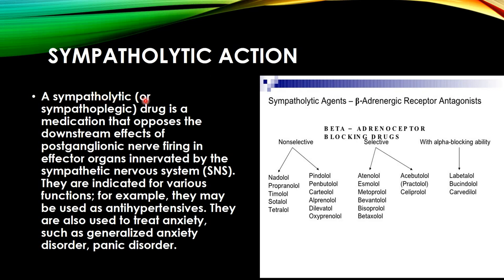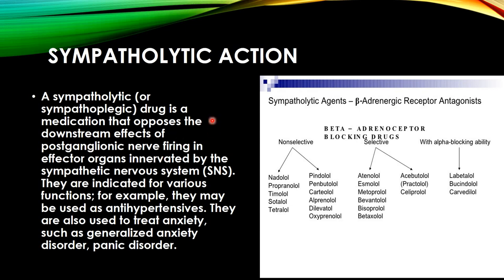A sympatholytic or sympathoplegic drug is a medication that opposes the downstream effect of postganglionic nerve firing in effector organs innervated by the sympathetic nervous system. So what is it saying?